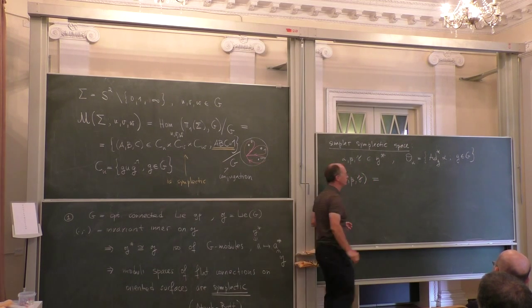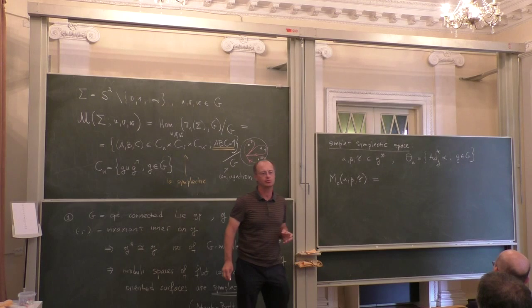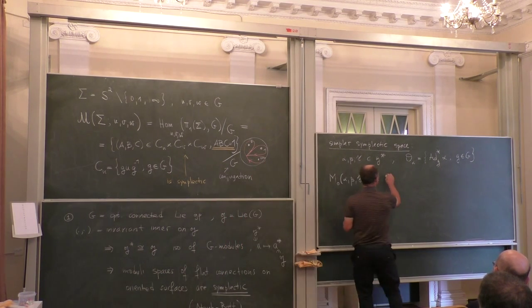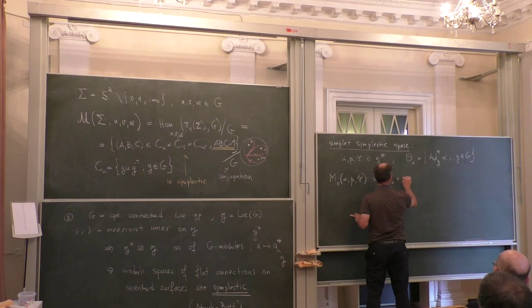So let me also write 2 formulas. One formula for those of you who know the notion of symplectic reduction, and then there will be a very concrete formula that will be understandable for everybody.